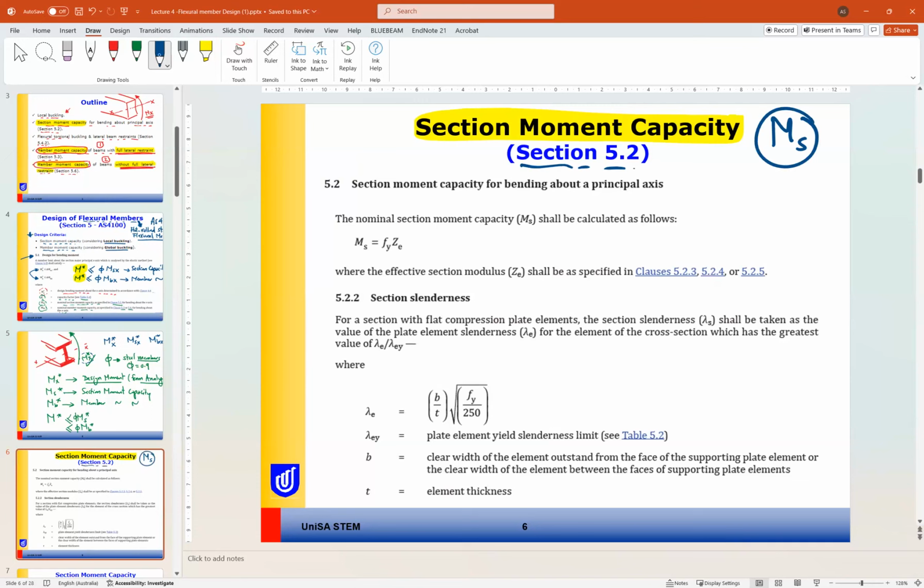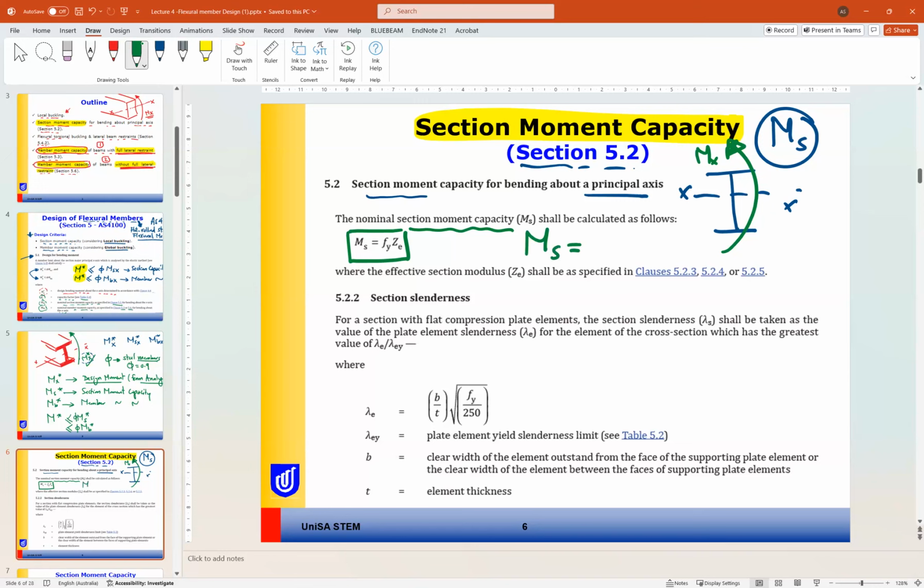For the section moment capacity for bending about the principal axis, again, this is our principal axis XX, so this is our moment MX. So the nominal section moment capacity is MS equal to F yield times Z effective.